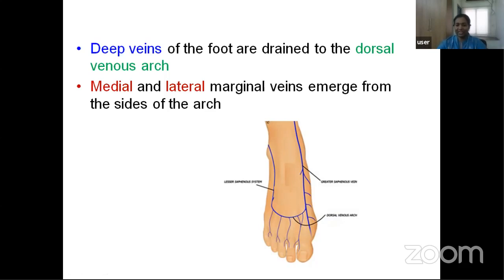So formation wise, on the dorsum of the foot we have a venous arch called the dorsal venous arch, and into it the digital veins open, and on the medial and lateral sides the medial marginal and lateral marginal veins open. This dorsal venous arch extends on the medial side as the great saphenous vein, and on the lateral side as the small saphenous vein.